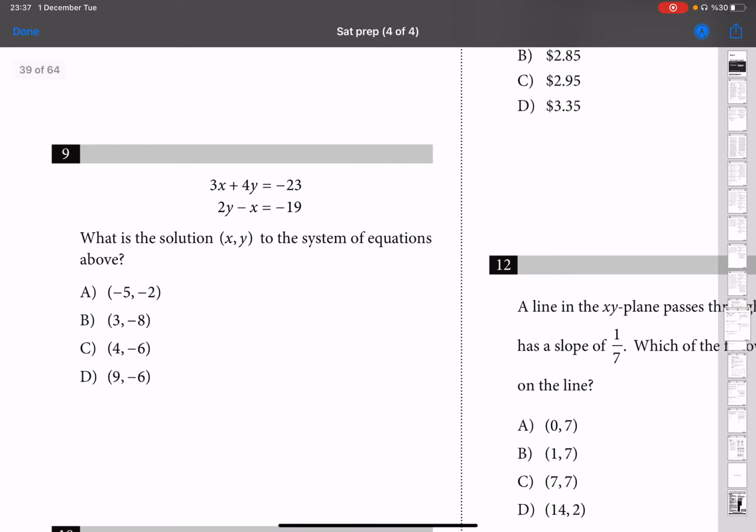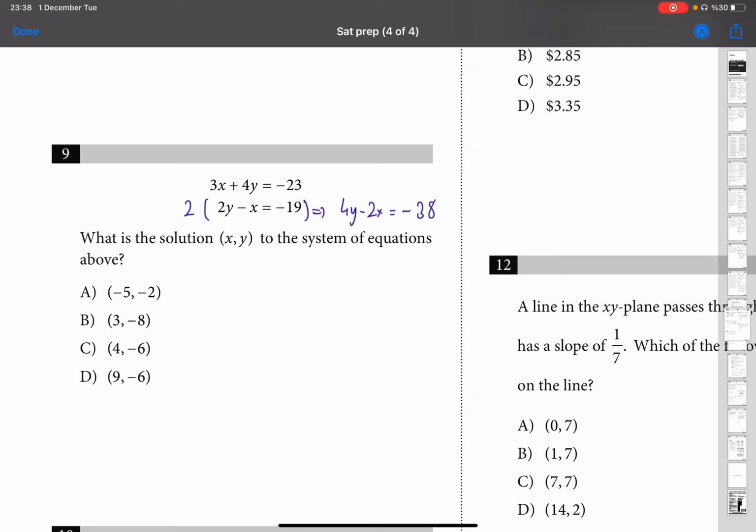What is the solution (x, y) to the system of equations above? Okay, let's multiply the second equation by 2. We will obtain 4y minus 2x equals minus 38.